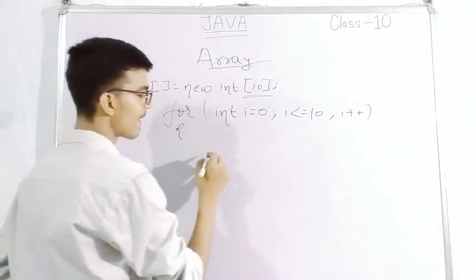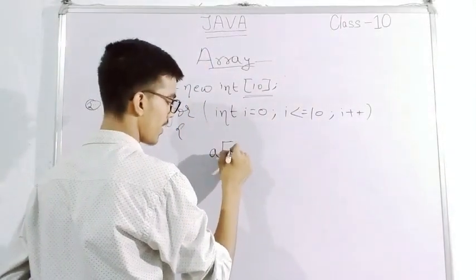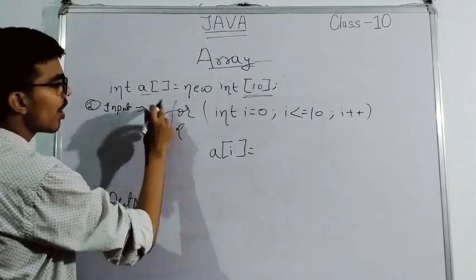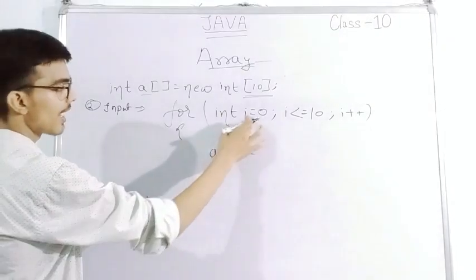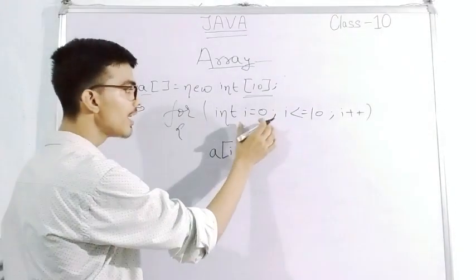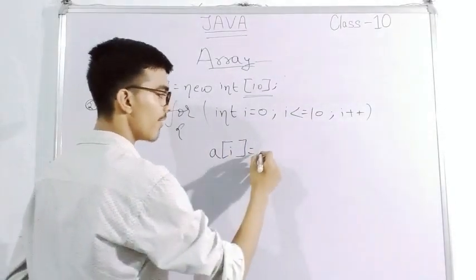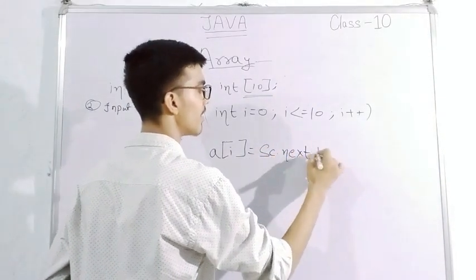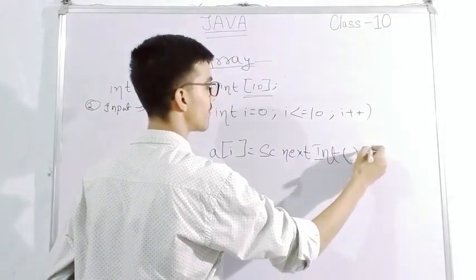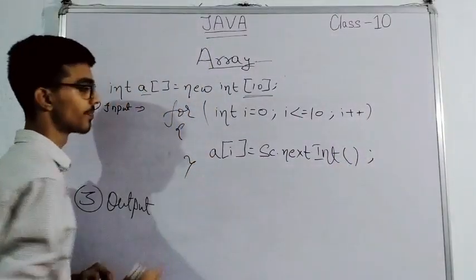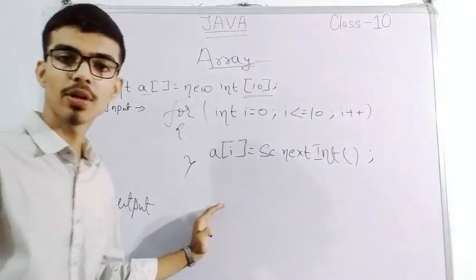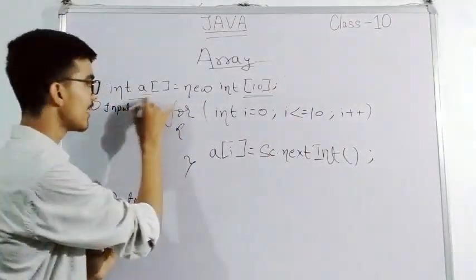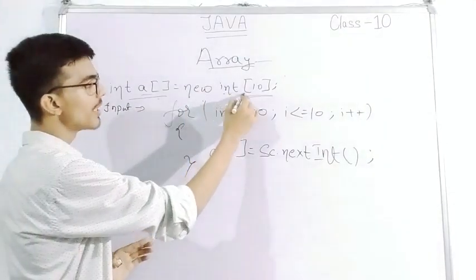What we'll write? A of i is equal to, we'll put i inside this, and i will go till 10. We'll write sc dot next int. This is very important to understand: we have declared int A is equal to new int 10.